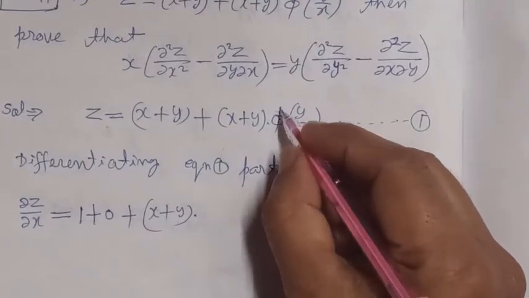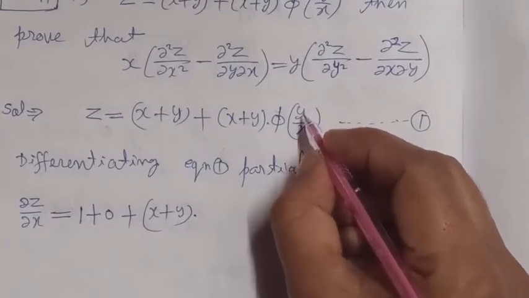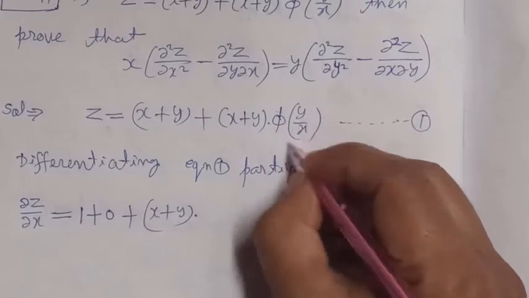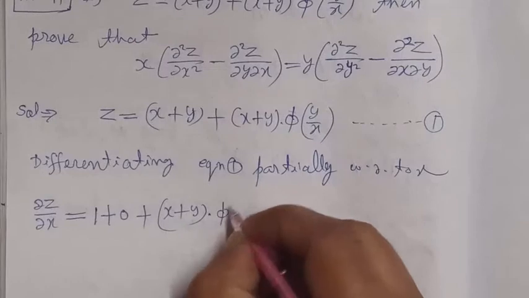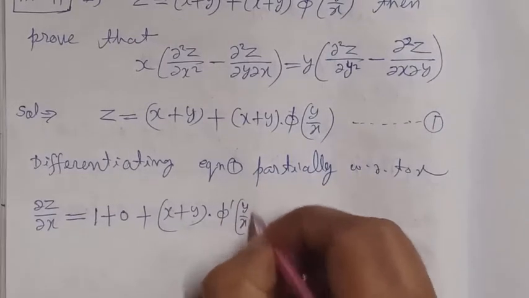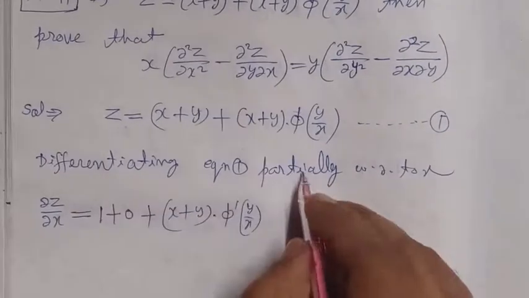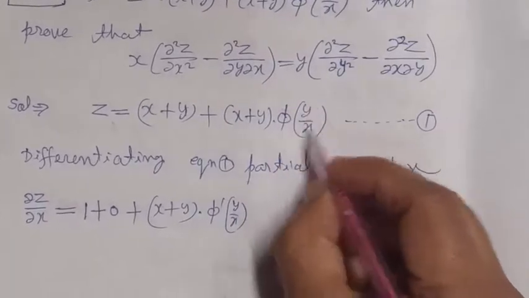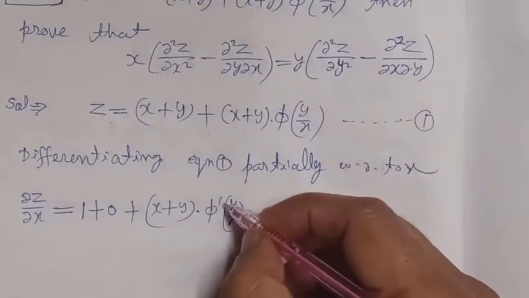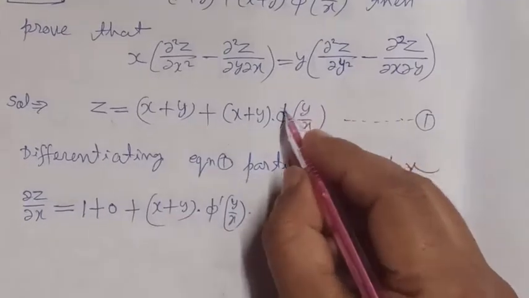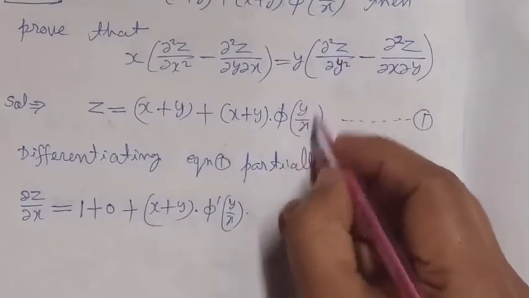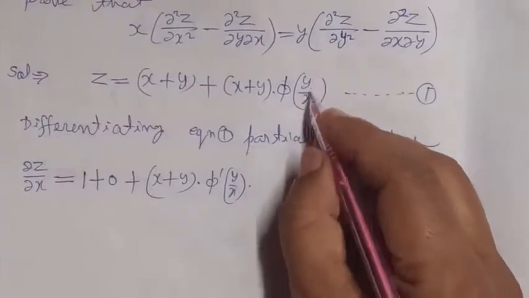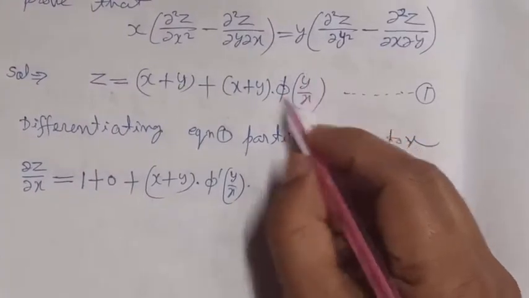So it will be differentiated only with respect to y upon x. I differentiate phi with respect to y upon x, so we get phi dash y upon x. What we are differentiating it with respect to is x. So we have to differentiate y upon x with respect to x according to the chain rule.